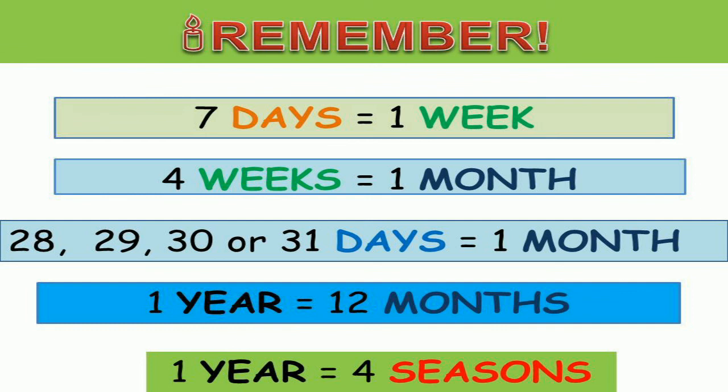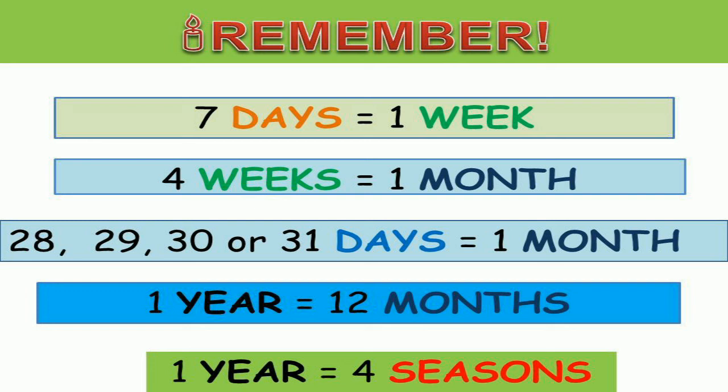So this is the year 2020, and in 2020 we have 12 months: January, February, March, April, May, June, July, August, September, October, November, and December. Okay, children, do you all understand?